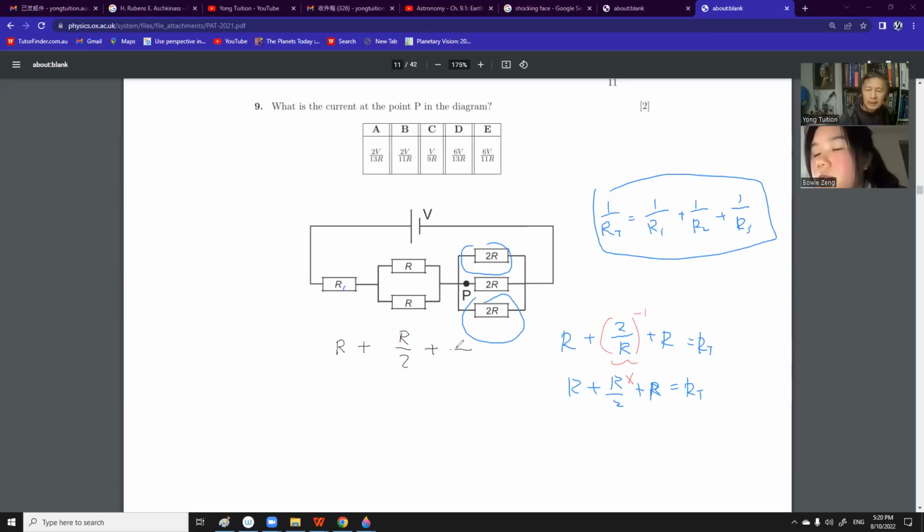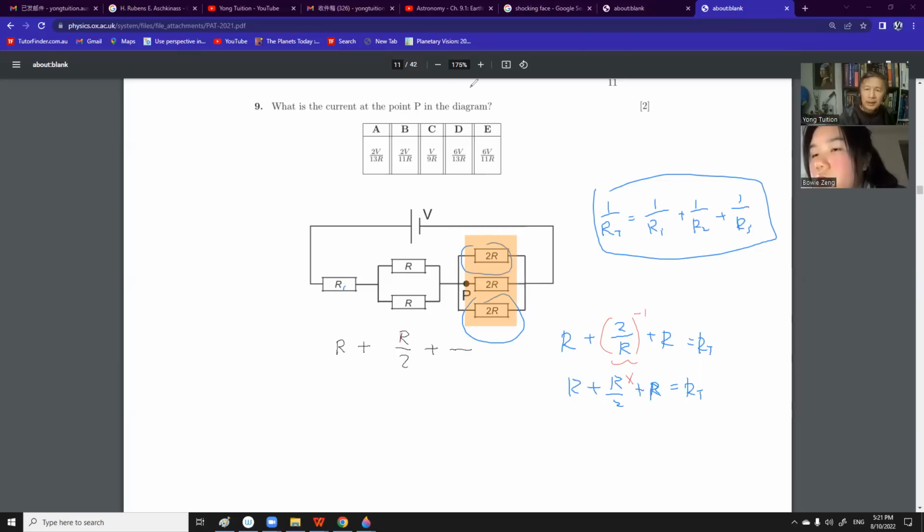I think because they are identical, can we just use this formula for this particular case, the 3 identical resistors?